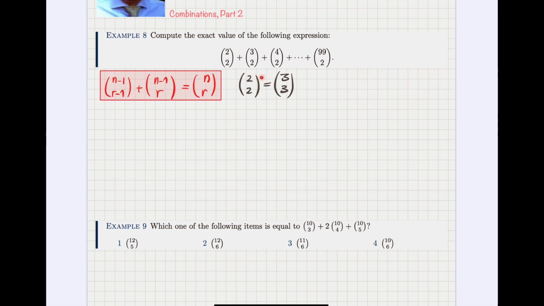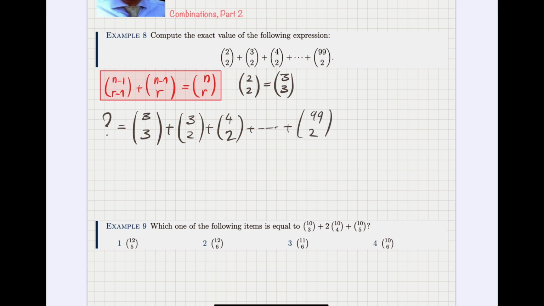So if I ask you what this number is, it is 1. 3 choose 3 is also 1. You will see why this is useful. Instead of writing this, I would write this. So the question mark is equal to, instead of 2 choose 2, I would write 3 choose 3, and then the rest of the story: 3 choose 2, 4 choose 2, 5 choose 2, etc., up to 99 choose 2.